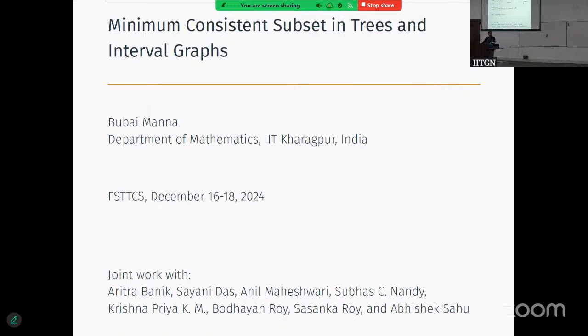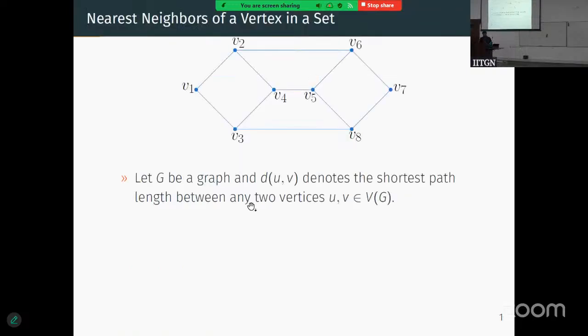I am presenting the paper on consistent subset in trees and interval graphs on behalf of the author. Before going to the definition of the consistent subset, I am going to discuss the nearest neighbor of a vertex in a set.